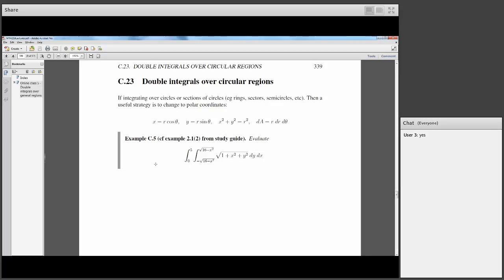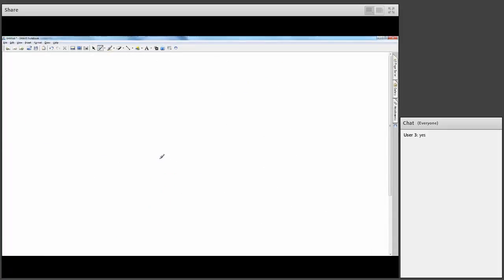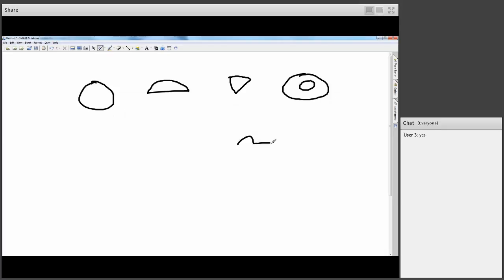What I mean by bits of circles: it could be a whole circle, or a semicircle, or a segment of a circle, or an annulus, which is the difference of two circles, or a bit of an annulus. So these are all different segments of circles.